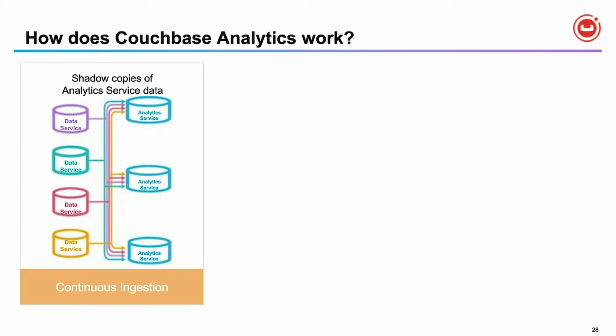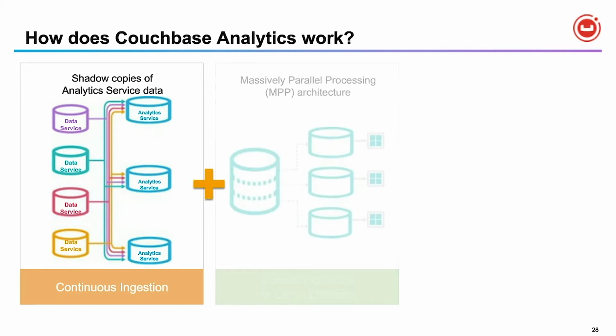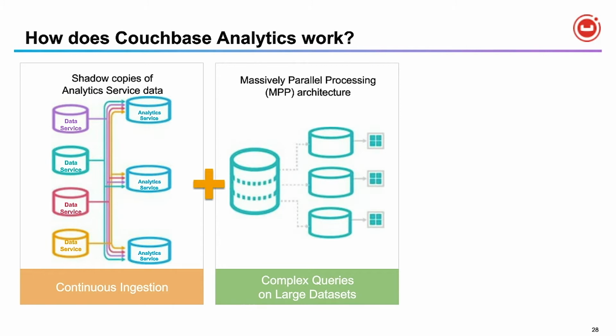The next part is about our internal architecture of how the analytics processing works. Couchbase Analytics is architected on a uniquely massively parallel processing architecture alongside the core server's query engine. It uses parallel data management designed to efficiently run complex queries over massive data sets.